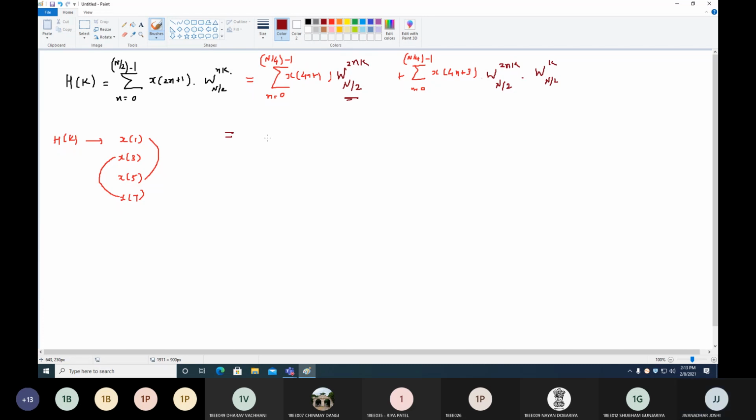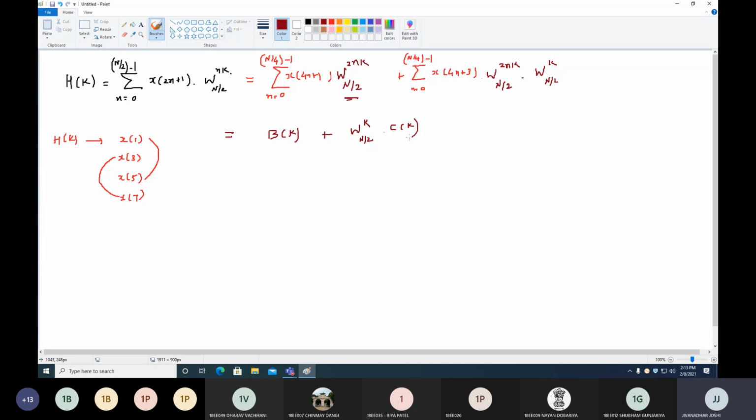Then I can write it down to be equal to b of k plus Wn by 2 raised to k into c of k, just similar to the form we got for g of k. For g of k, this is equal to p of k plus Wn by 2 raised to k into q of k, and similarly for h of k we have b of k plus Wn by 2 raised to k into c of k.